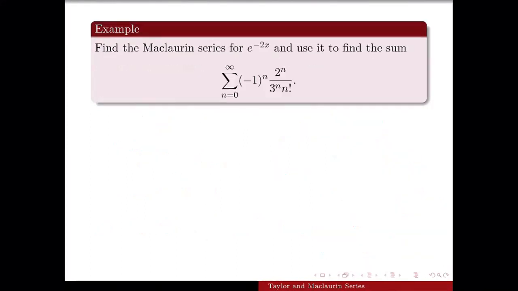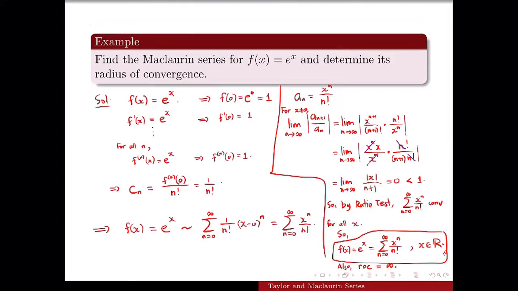Next problem. Find the Maclaurin series for e to the minus 2x and use it to find the sum, this sum here. Now, we can do the same process as before. We start with f of x equals e to the minus 2x, we get the derivatives and then find whatever we need to find, C1, C2, C3, etc. Or we can use this identity here.